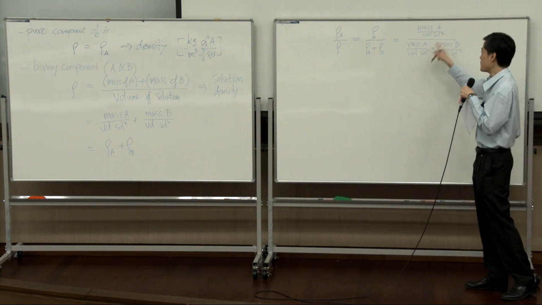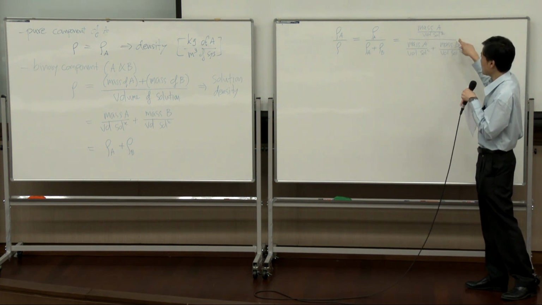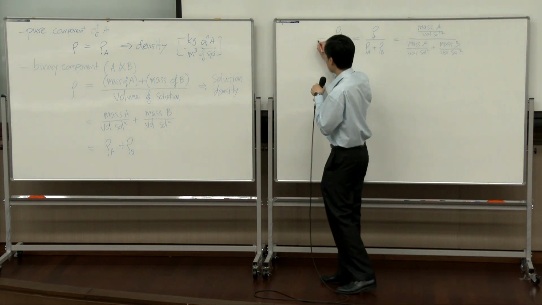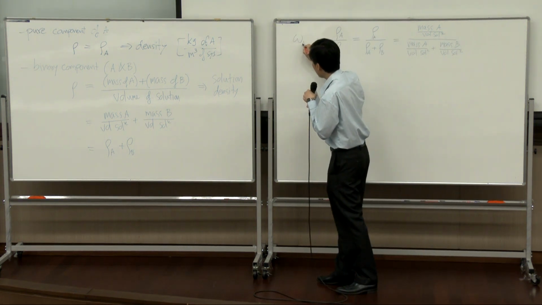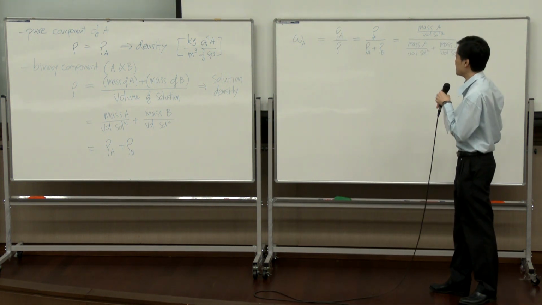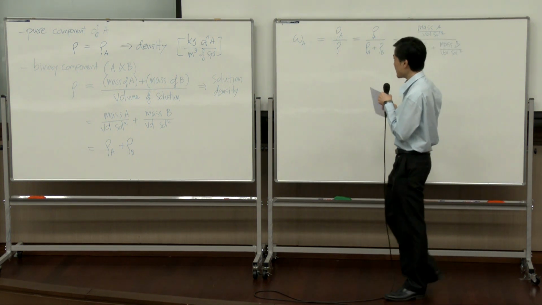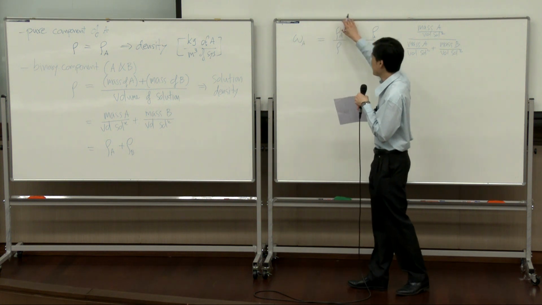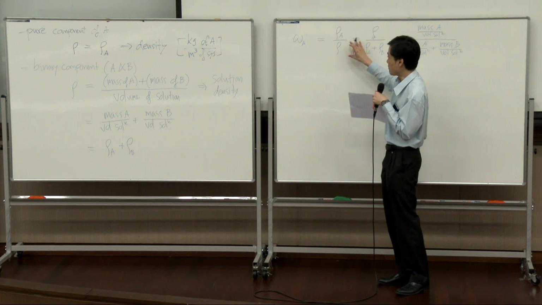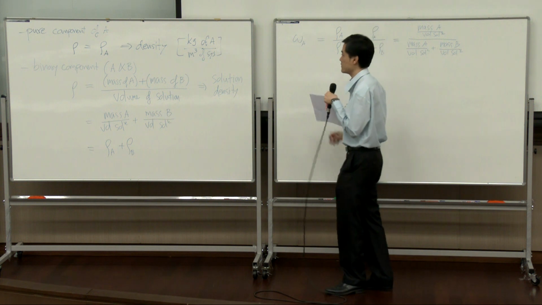Okay? And all these volumes cancel out. At the end, you get mass of A per total mass. This is what we call mass fraction, or omega A. All right? This is defined as mass fraction. So you can say that mass fraction is the mass concentration of the species of interest divided by the total concentration of the whole solution. All right?